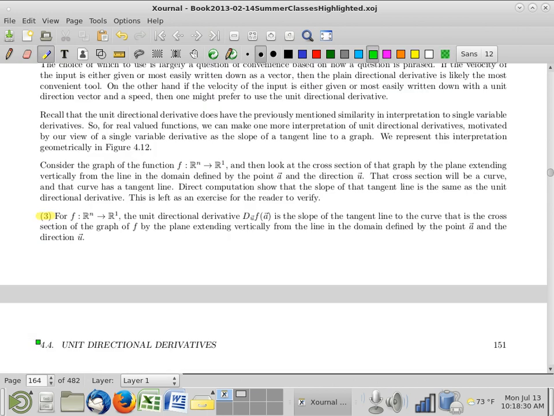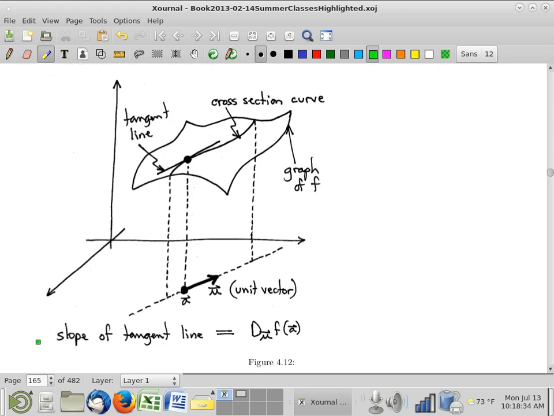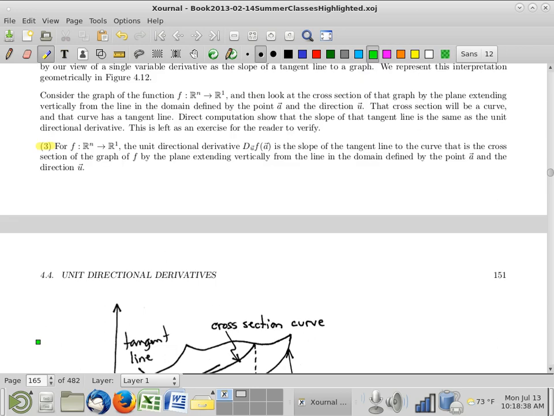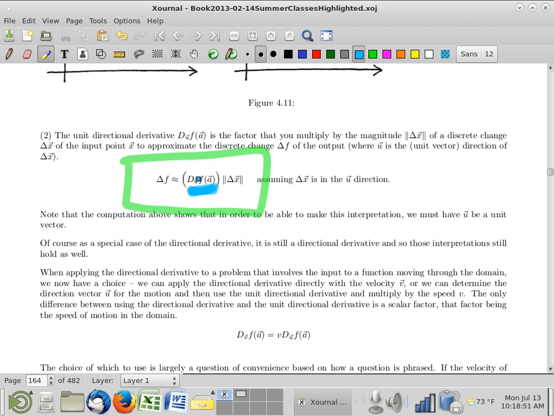But I do want to give you one last interpretation first of what a unit directional derivative is, and it comes from this picture. Actually, let me scroll up for a second. Come up to here. And remember, we just agreed that the unit directional derivative is a relationship between this. Now, what is this?